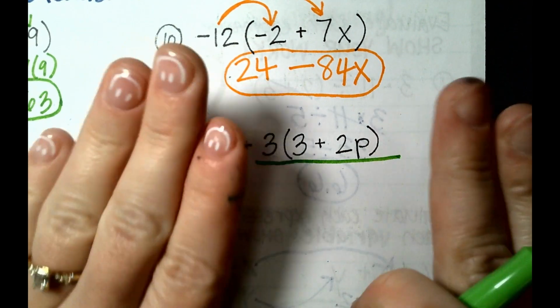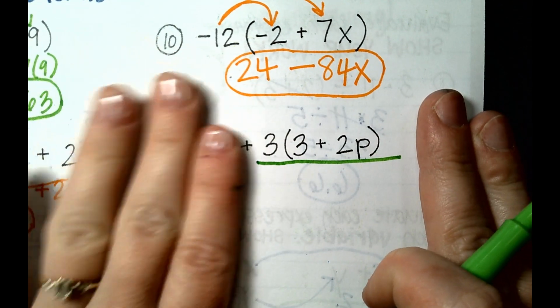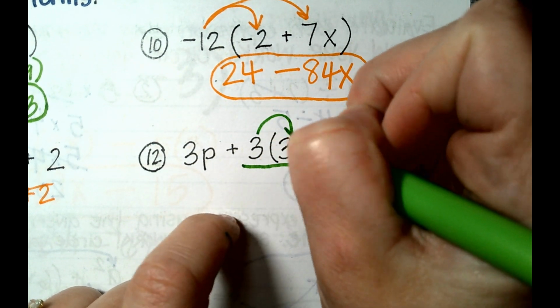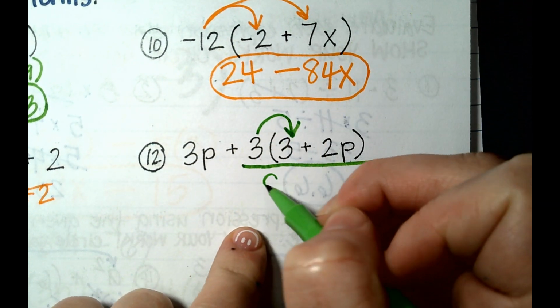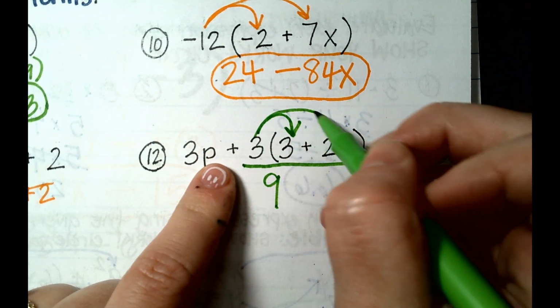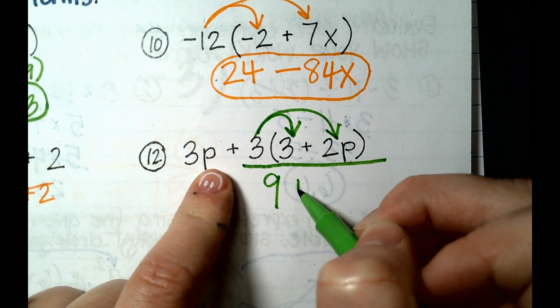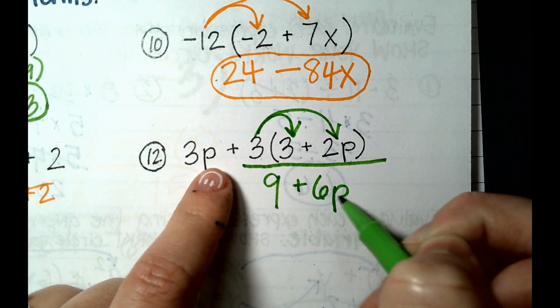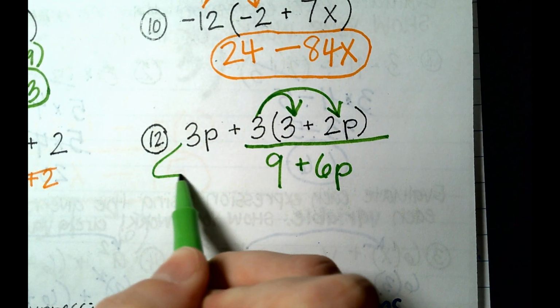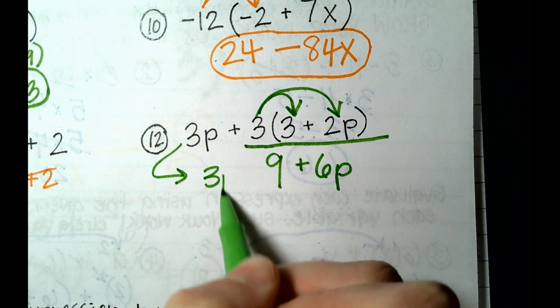Do the distribution first. That 3p is going to get added at the end. So we're going to start with 3 times 3, which is 9. And then what? 3 times 2p, which is 6p. Good. And then what? Bring 3p down.